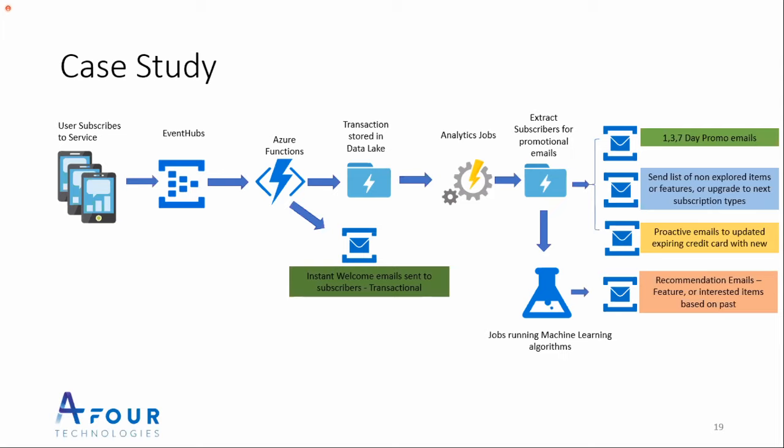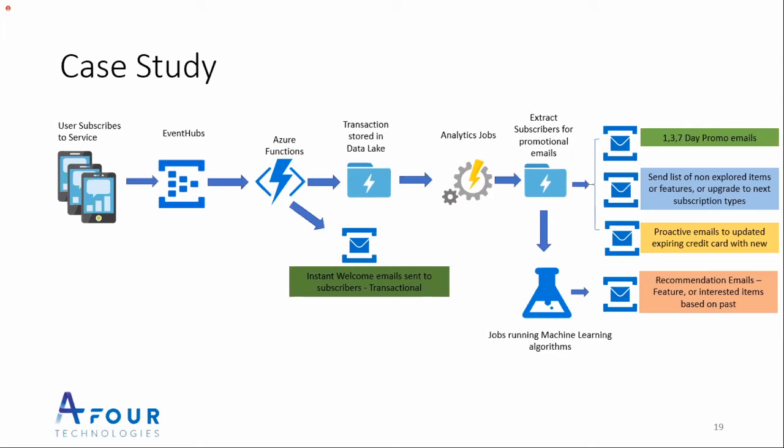What I mean by promotional emails is that when you get a new user on your application, next day or first day you want to send him the list of features he might be interested in exploring. Third day, based on the usage pattern, you want to send out some other next level of promotional emails, that you have already tried this feature, but you can also try this feature. Or for 7 days, something more relevant to that particular day, you want to send out.